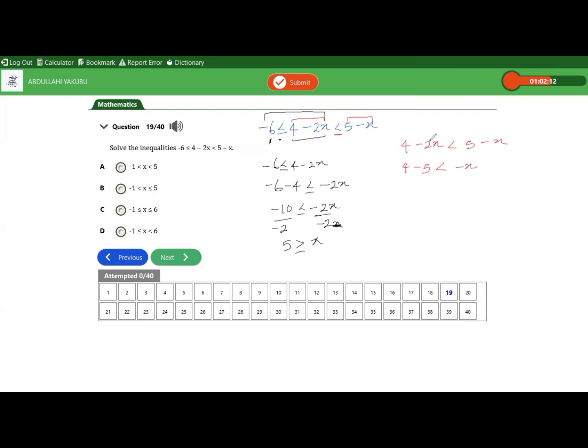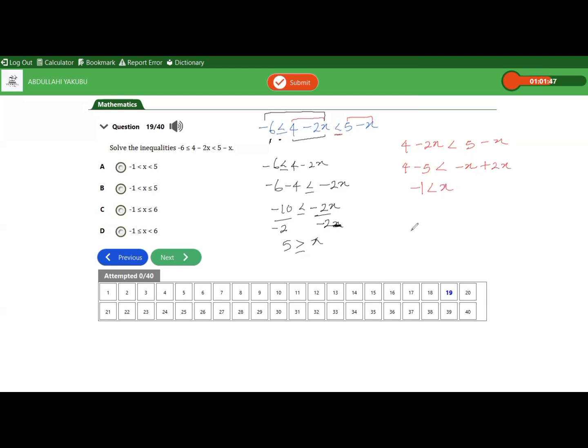This one is plus, crossing the inequality sign becomes what? This one is minus, crossing the inequality sign becomes a plus, plus 2x. So 4 minus 5 gives us minus 1 less than minus x plus 2x gives us what? Plus x, isn't it? So that is x. So I have minus 1 less than x.